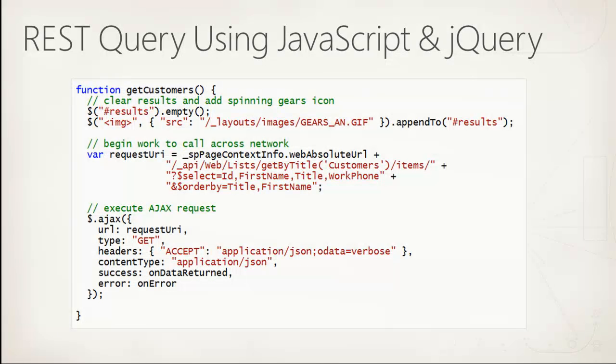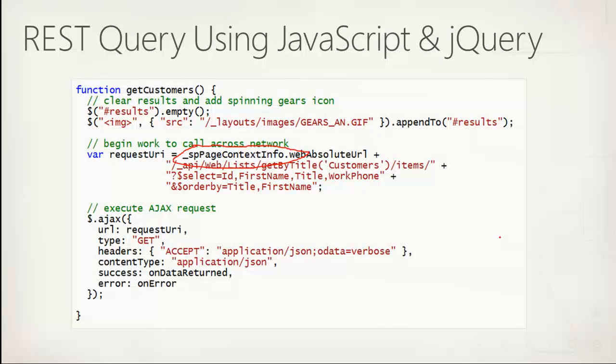Now, another thing that I want to point out in this demo right here is this guy, which is _spPageContextInfo. That's actually a JavaScript variable that's been around before 2013, before 2010.